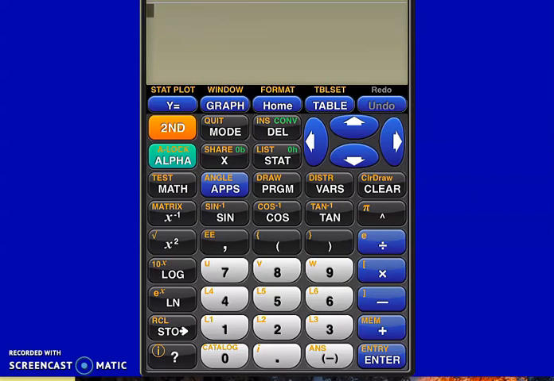You could just do 3 and then push that little caret button above the division sign and get the same thing as just doing that multiplication. So either way, we'll get you the same result. But that's what an exponent is. It's repeated multiplication of that base.